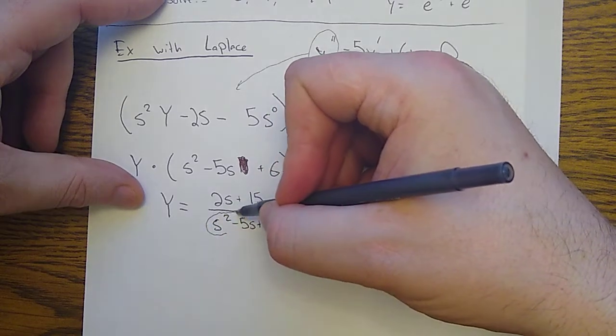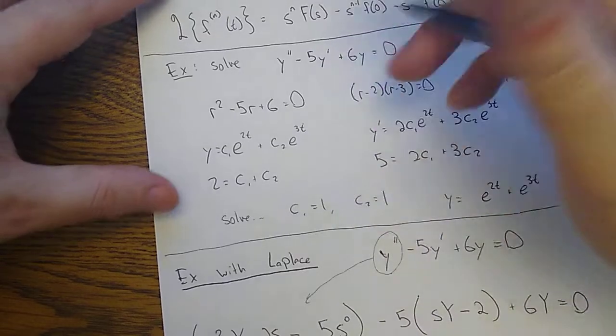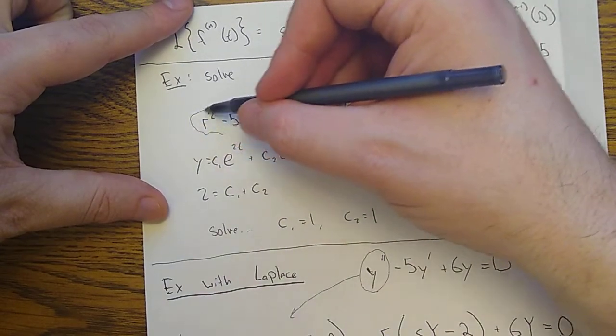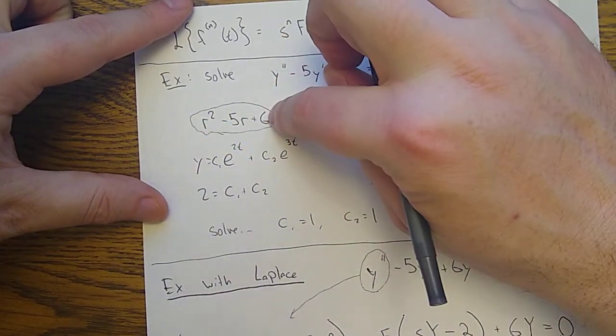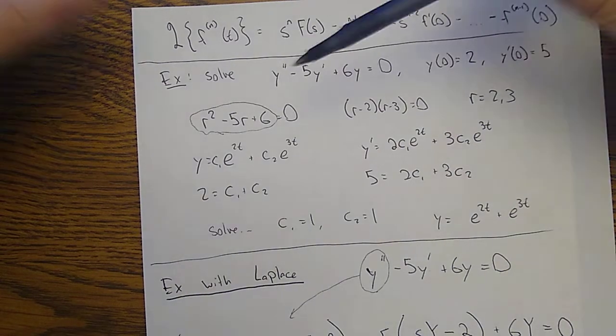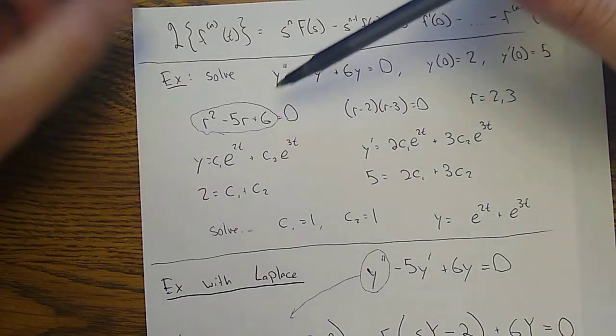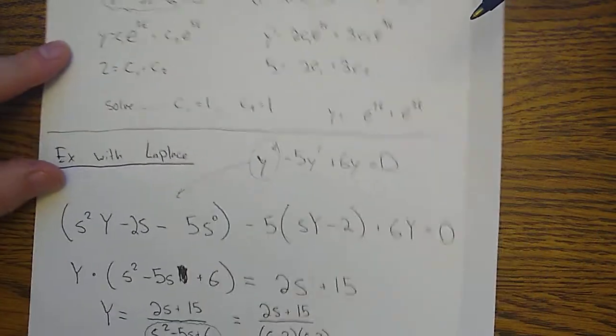So I just needed to factor this polynomial, which is the same polynomial that I had to factor when I did this the first way. Somehow, whether you're doing Laplace transforms or not, there's just no way to get around the fact that solving this differential equation involves factoring this polynomial.